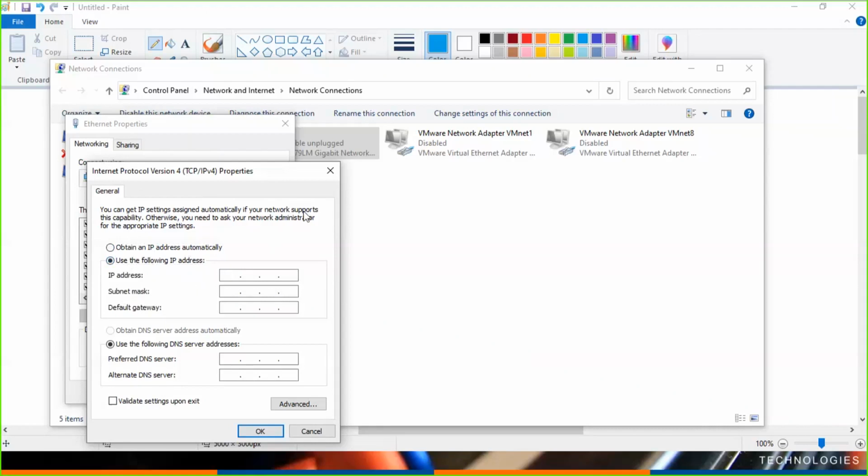Now, for 172, for example, 172.30.23.14, the subnet mask will be 255.255.0.0.